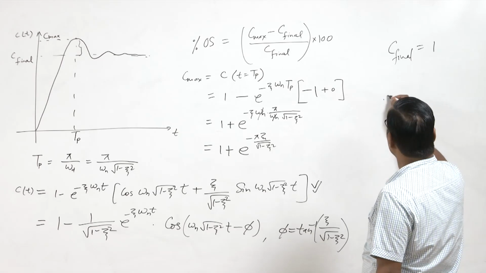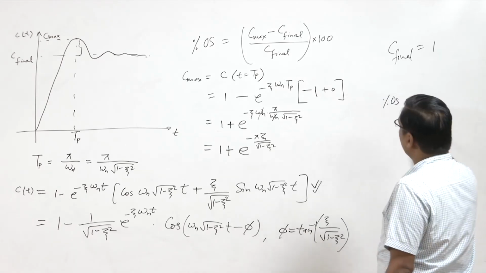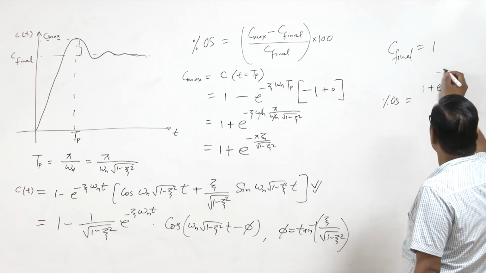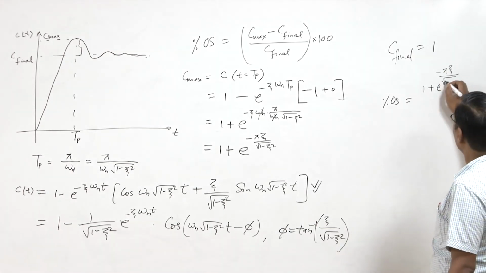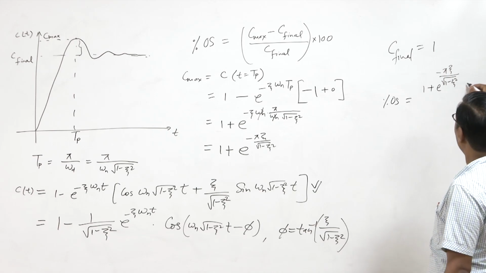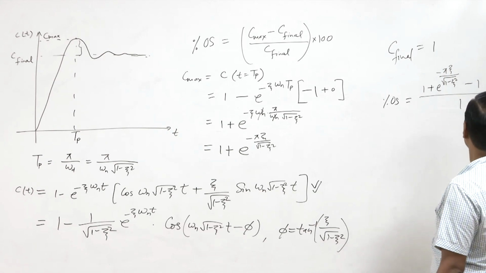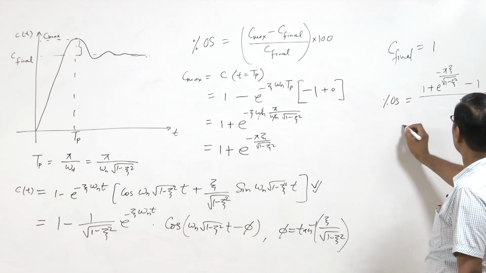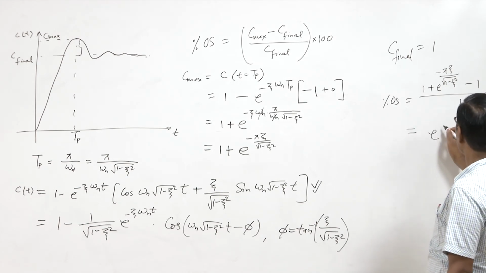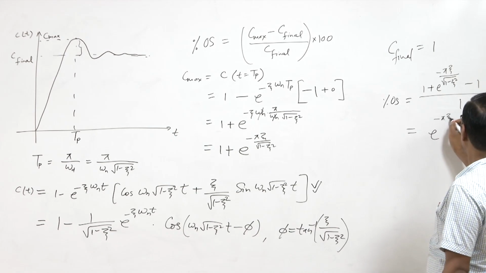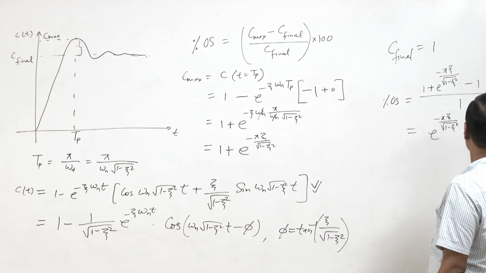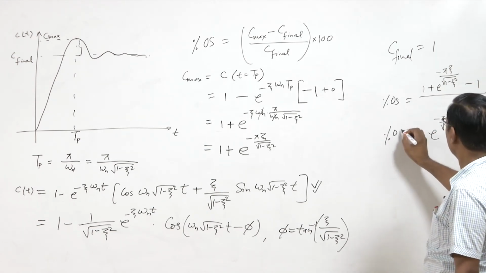So we get percent overshoot equal to C max, that is 1 plus e to the minus pi zeta upon root 1 minus zeta square, minus 1, by 1, into 100. That equals exponential minus pi zeta by root 1 minus zeta square into 100. So this is the percent overshoot.